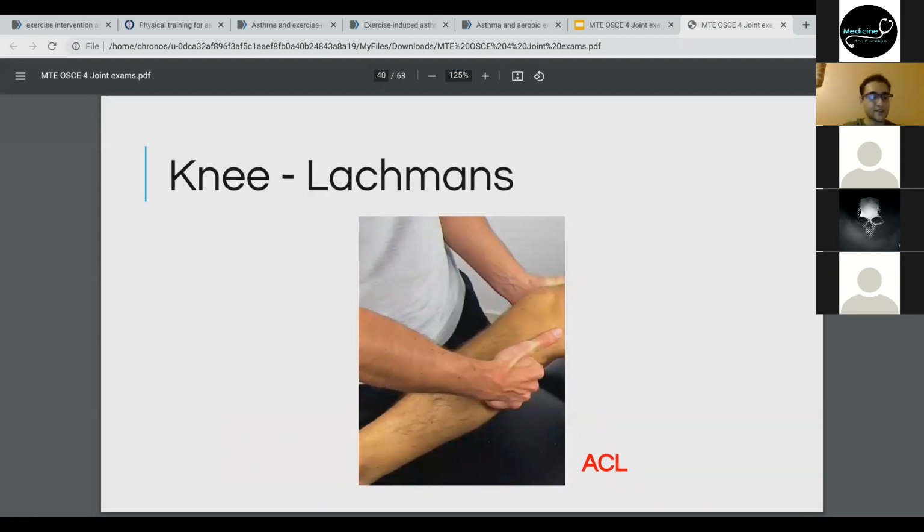Lachman's. Okay. So Lachman's is a little bit of a fiddly one. I find it fiddly myself, but we'll get through it together. Give me 2 seconds. Okay, so you have your knee bent at about 30 degrees, not even that bent.